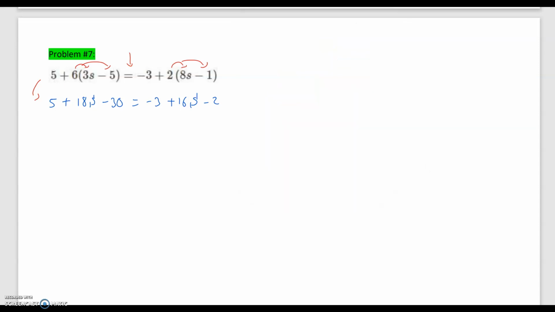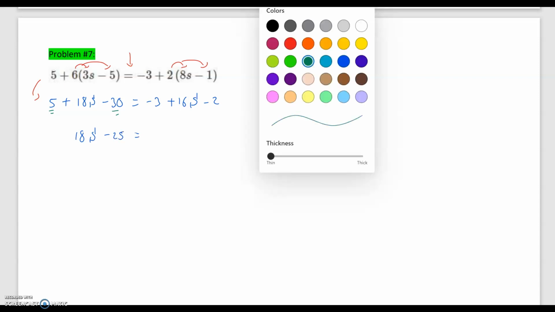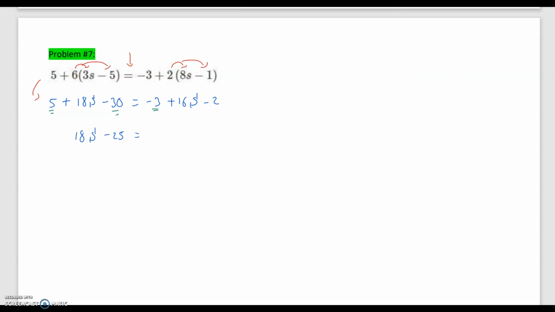On the left-hand side, we just have two constants to worry about. So we're looking at 18s minus 25 is equal to, and then on the right-hand side, we just have another two constants, negative 3 and negative 2. The addition of those two is going to be negative 5. So this will be 16s minus 5.